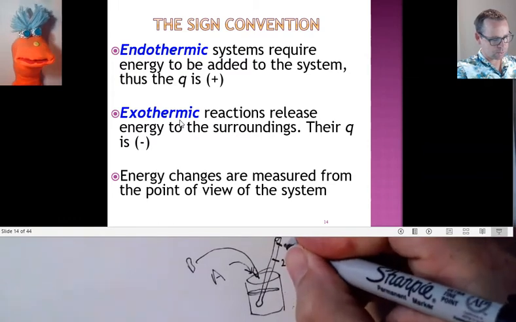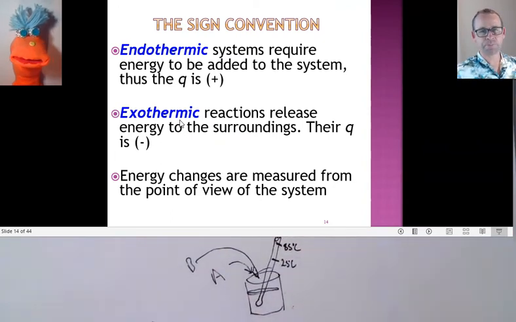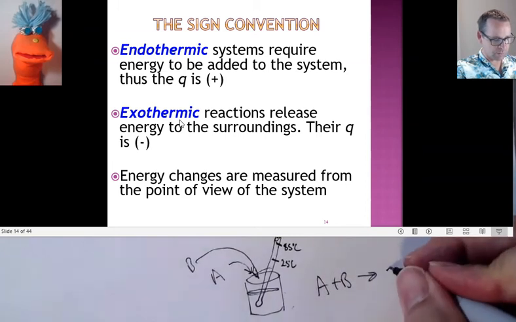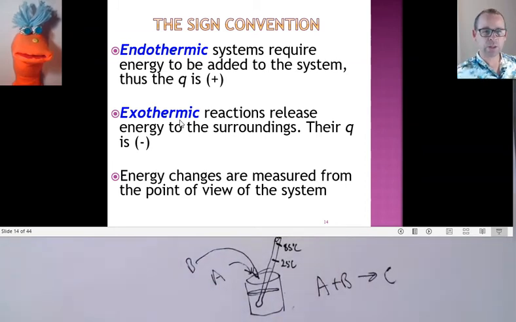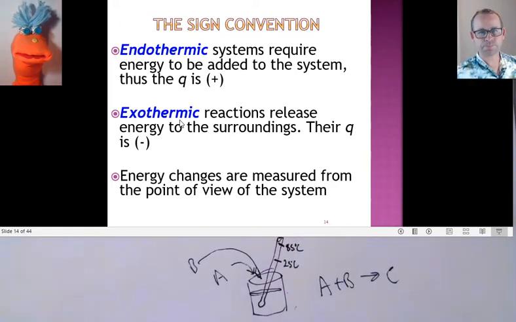And then the water goes up to 85 degrees Celsius after A and B go in. Well, if I know that A and B are reacting to form some other compound, I can learn about the energy that is released from this chemical reaction by monitoring the change in temperature of the water.